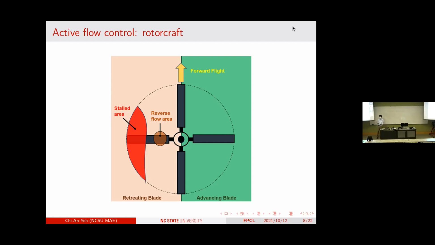That's why, believe it or not, helicopter design is much more complicated than regular fixed wing design. And there's this operational envelope where the helicopter can't go beyond a certain speed because of that and the stall, right?